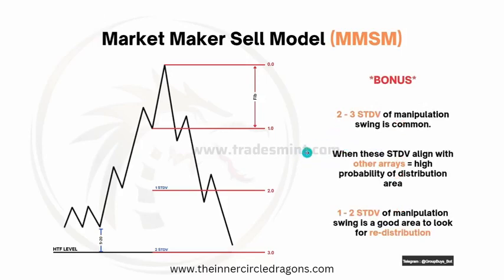When these standard deviations also align with other arrays, this is a high probability of a distribution area. 1 to 2 standard deviations of the manipulation swing is also another good area to look for redistribution.